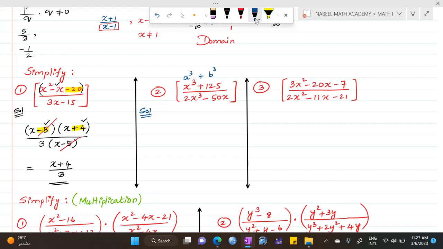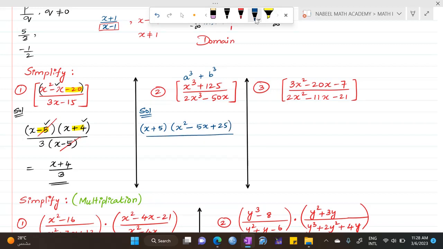Therefore, I apply the a cube plus b cube rule in the numerator. So you will get x plus 5 times x square minus 5x plus 25.